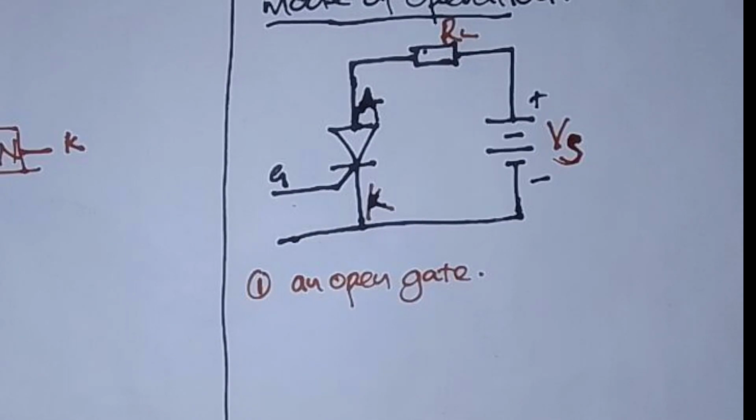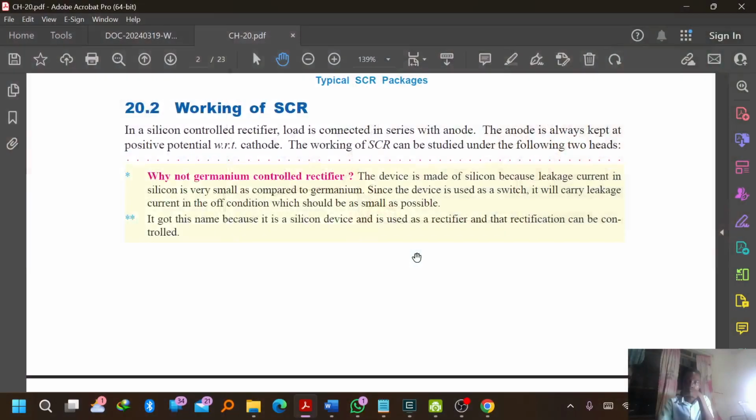When you look at this page of the paper where they are talking about the working condition, they are saying that in a silicon controlled rectifier, the load is connected in series with the anode, which is what I have shown you, and which is what I had earlier communicated.